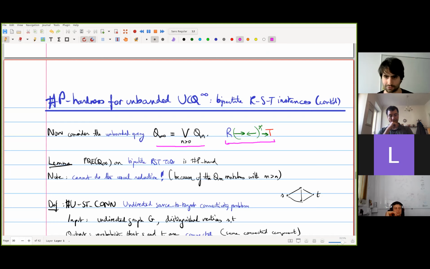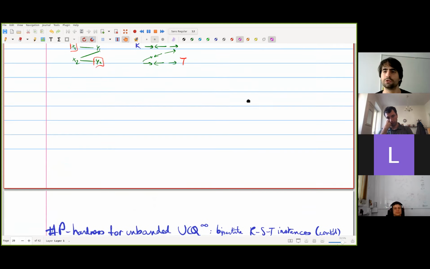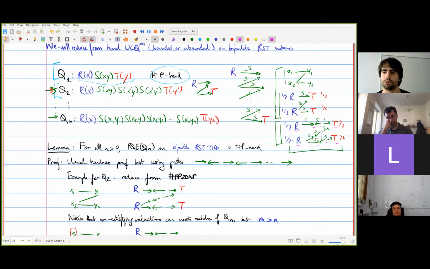And what's surprising is that I cannot apparently do the same reduction, because you see that if I wanted to do the same trick here, I cannot put an infinite path of S here. I can only choose one length. And then the problem is that I will always have paths connecting R's and T's that are not next to each other, by going on one path and then back on another path and then forward on another path again, or doing this kind of back and forth in the graph.